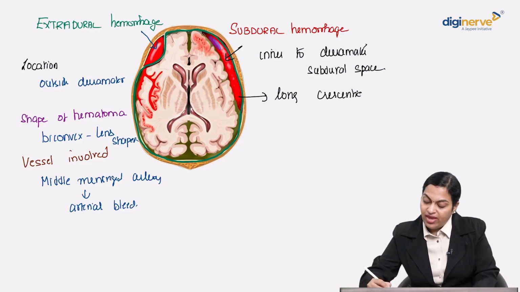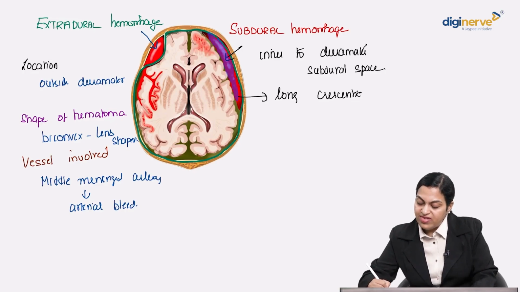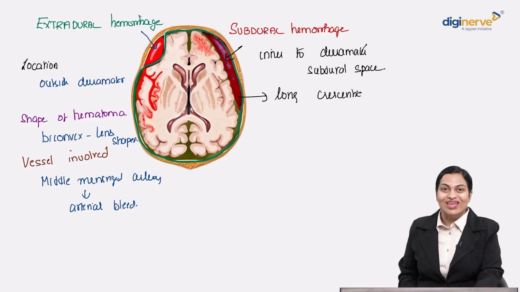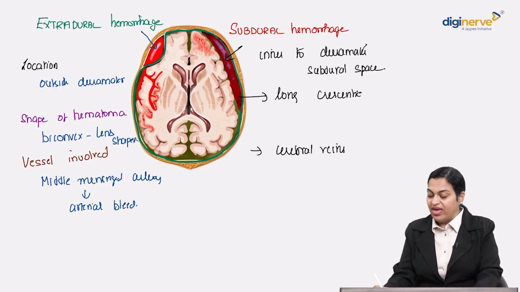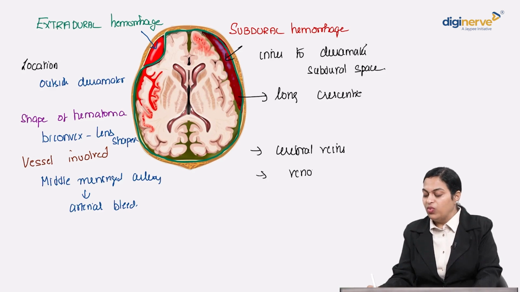So this is the hematoma that you see here in the subdural hemorrhage. Yes, beneath the dura mater. And yes, just now we saw, right, the vessel involved here is the cerebral veins or the bridging veins. Hence, it is going to be a venous bleed.